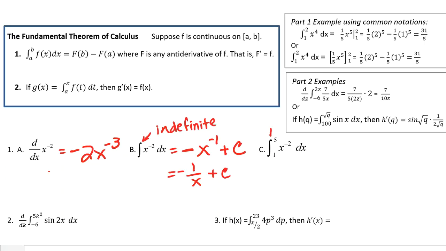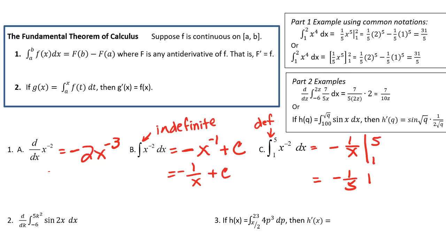And then we have a definite integral. So remember, the difference here is that we can interpret this as an area under the curve. So we take our antiderivative, same as we just did a minute ago, and we evaluate it from 1 to 5. So remember, we're doing our fundamental theorem of calculus here. We're evaluating at the upper limit, and then we're going to subtract at the lower limit.